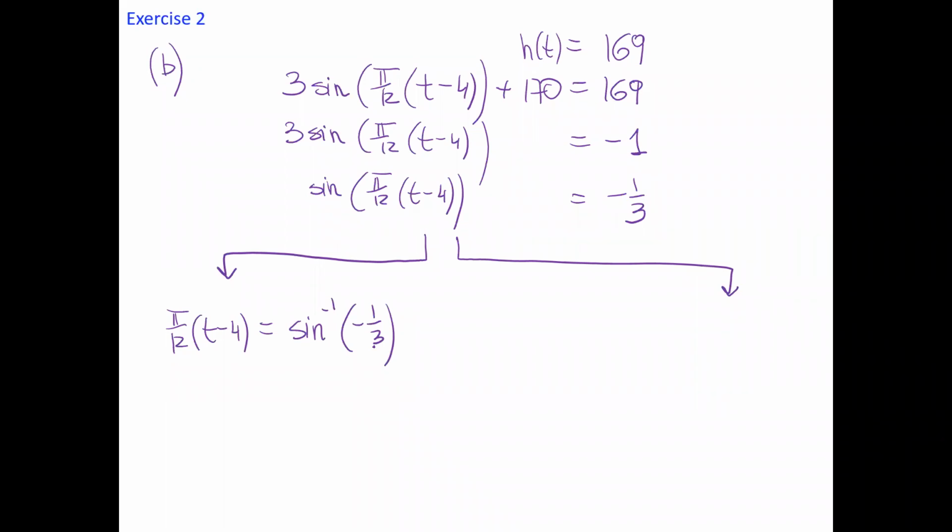The second solution is always pi minus inverse sine of this.